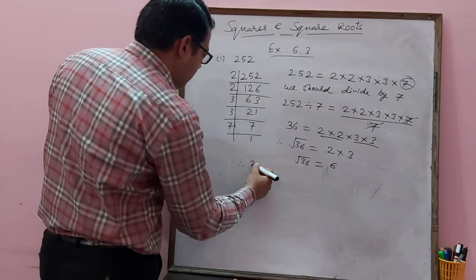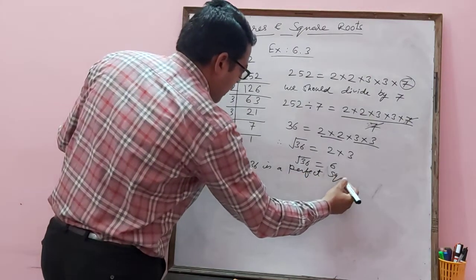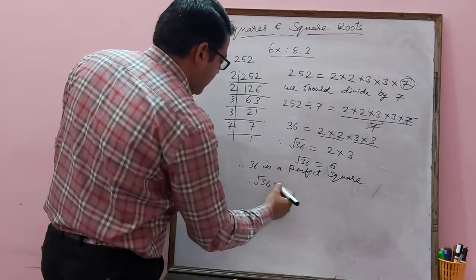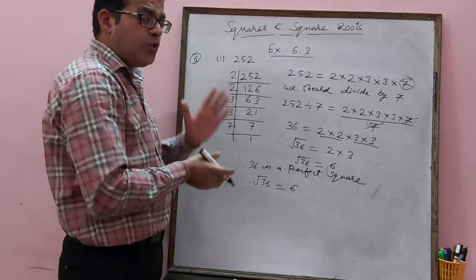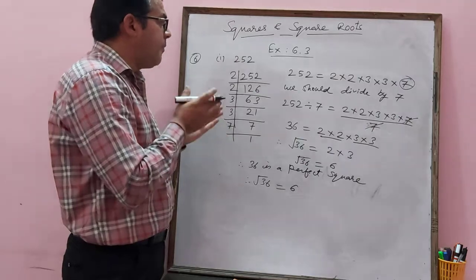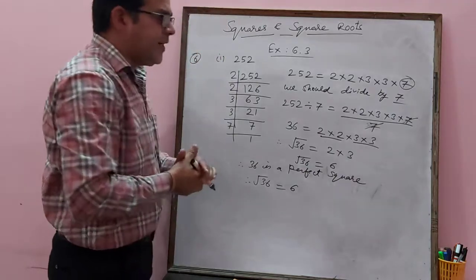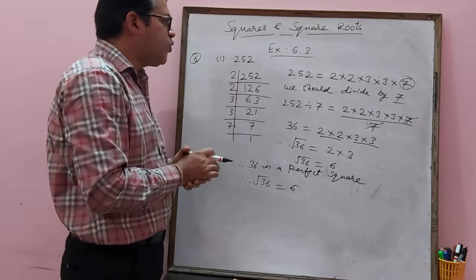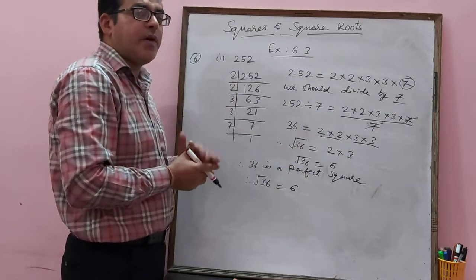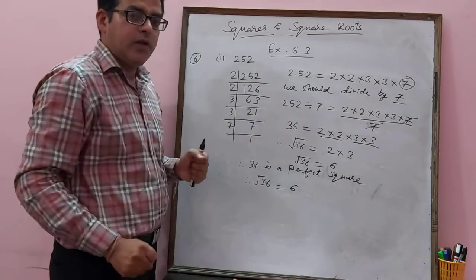We have to write here: 36 is a perfect square number, and the square root of 36 is 6. So two parts are there. First we need to find a number by which we divide it to make a perfect square. We calculated that we should divide it by 7. After dividing 252 by 7, we have 36. And 36 is a perfect square number. The square root of 36 is 6 as we calculated here. Hope you understand.